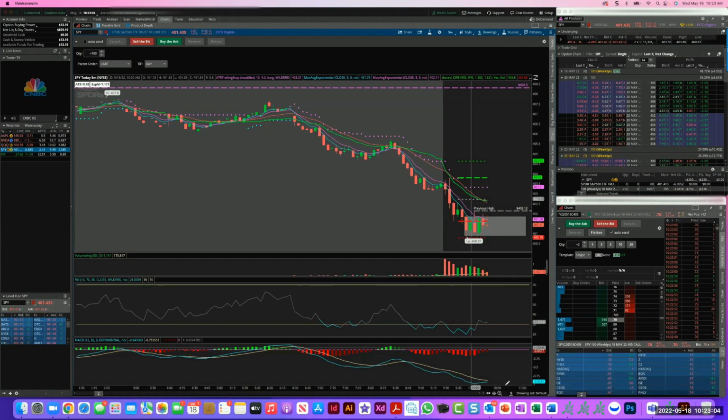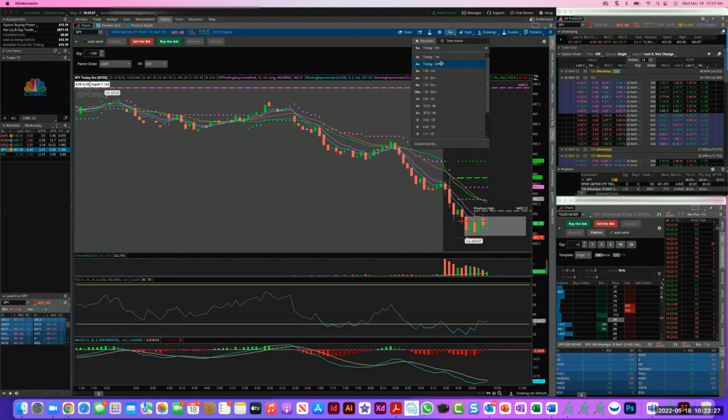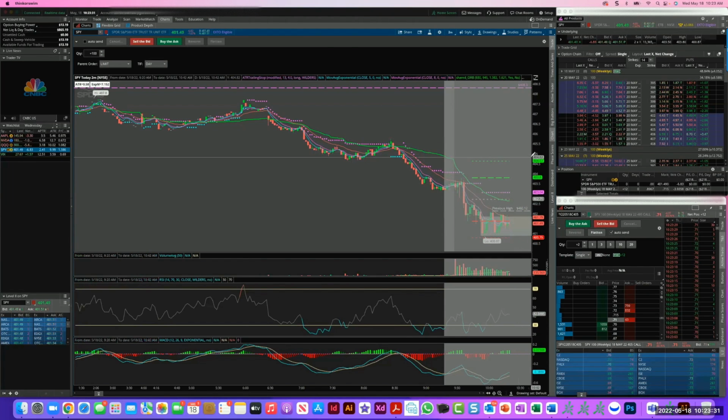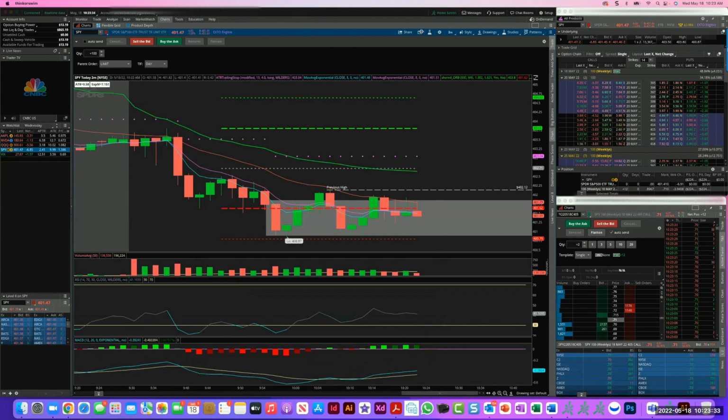It becomes quite clear. So once we're out of this zone and above, we should be good. We've got declining volume on the downside, so that's good. We want to see volume start to come in now and pick up, ideally.